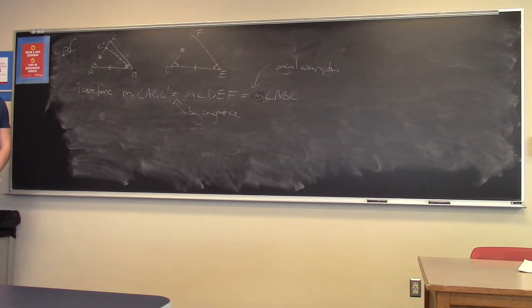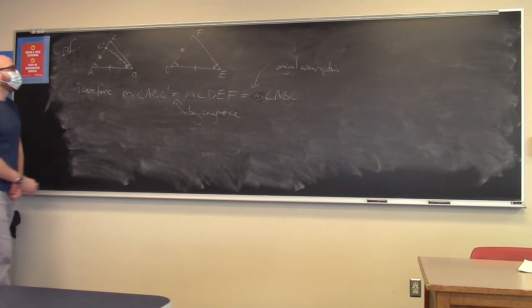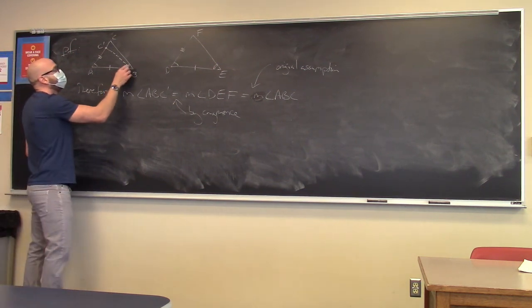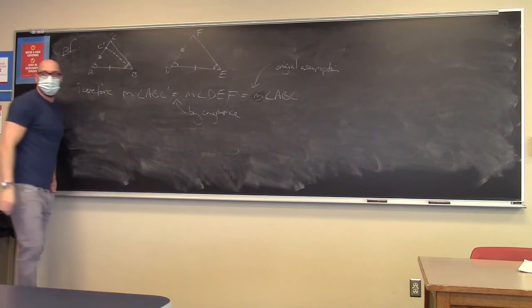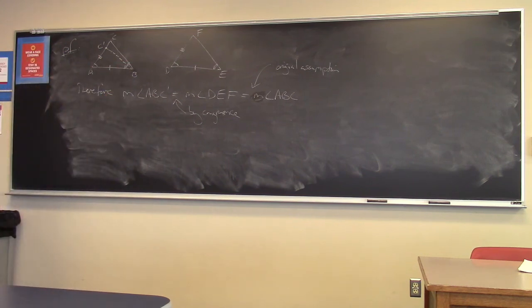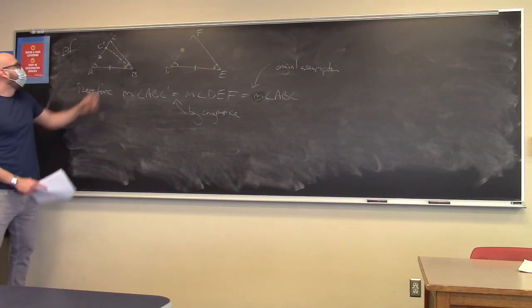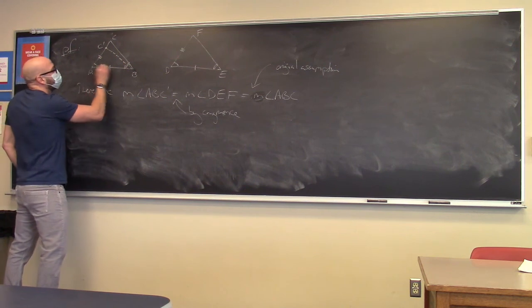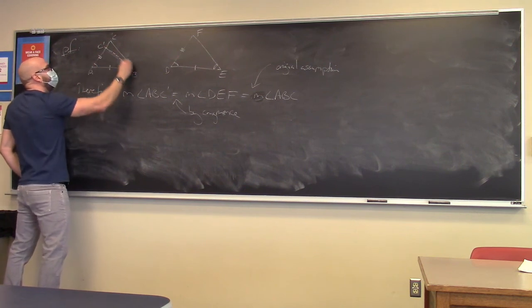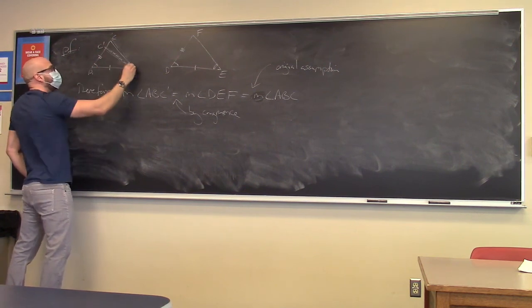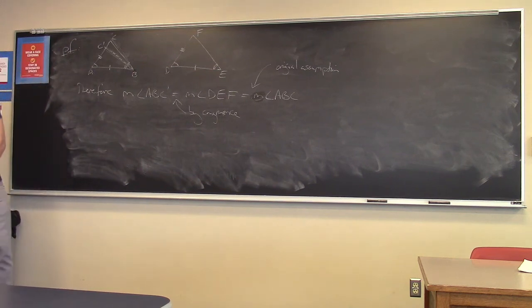And the contradiction here is obvious, right? In this picture, this angle cannot be the same as this obviously larger angle. It directly conflicts, I believe it's the angle construction axiom from SMSG, number 12, that says if I want to construct an angle, there's a unique way to do it. So I can't have 2 different rays coming out that construct the same angle.